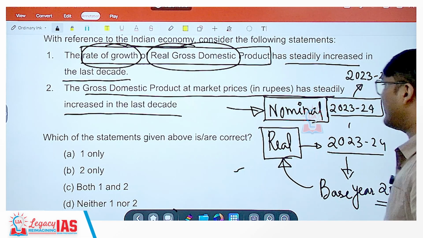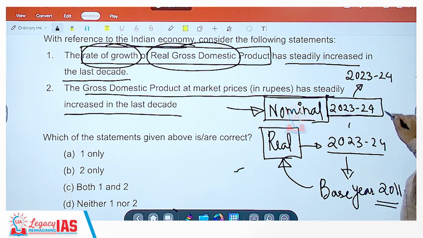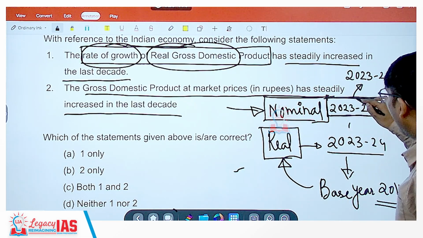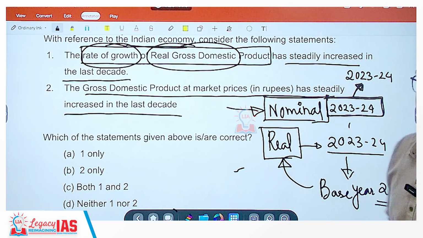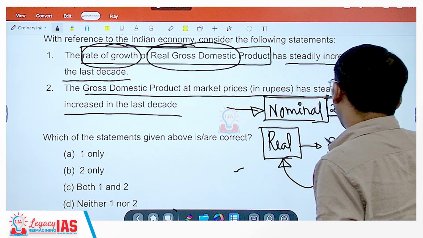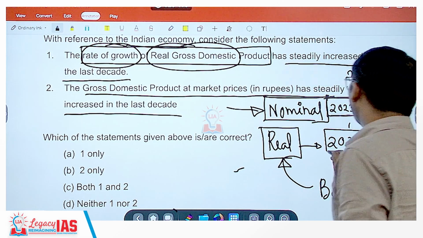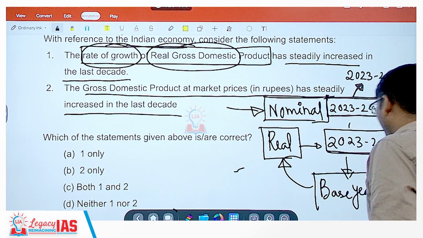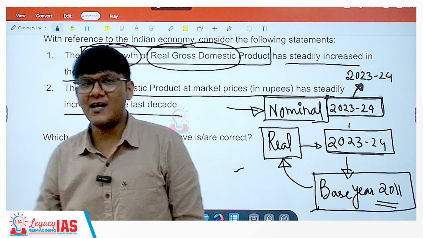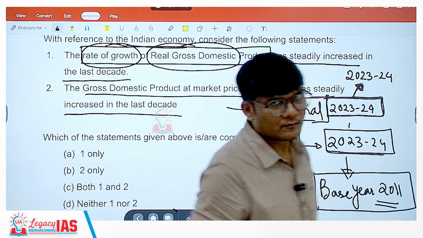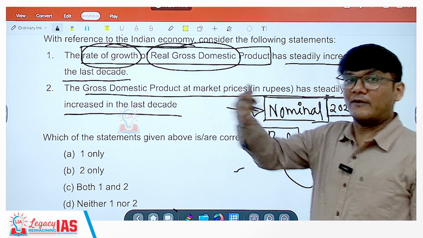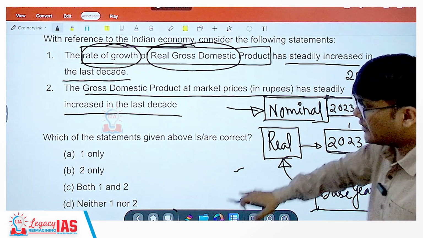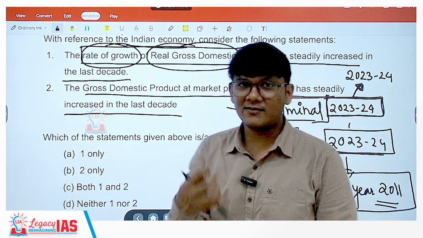Basically, when you are calculating a GDP for a particular year with respect to the prices prevailing in that particular year, it's a nominal GDP. When you are calculating GDP of a particular year with respect to the prices of some base year, then it is a real GDP. Okay, so nominal GDP can easily increase because inflation is there. For real GDP to increase, it takes some doing.